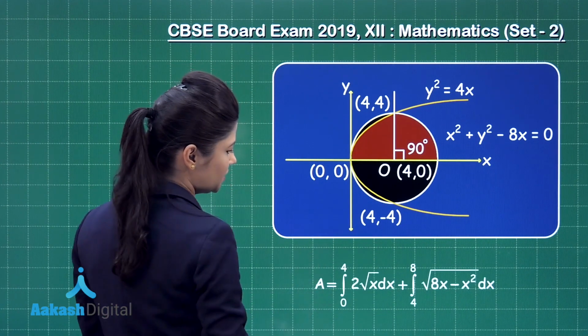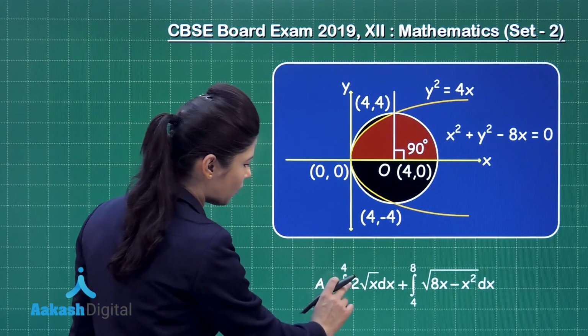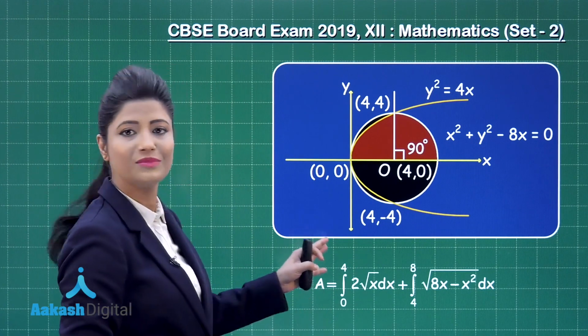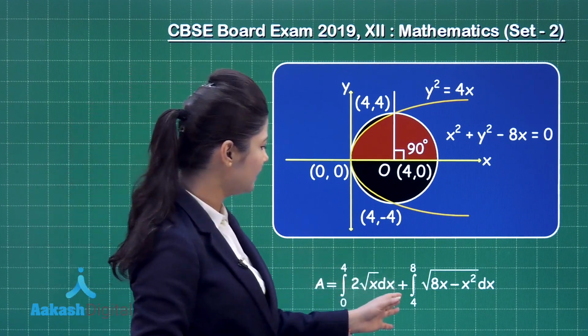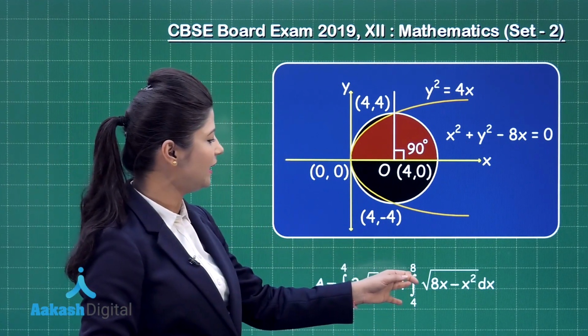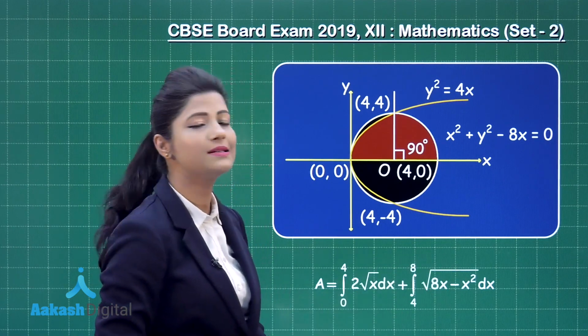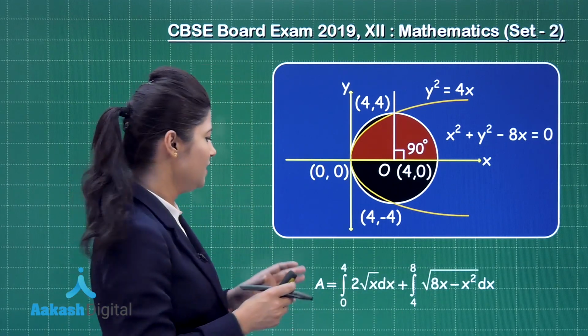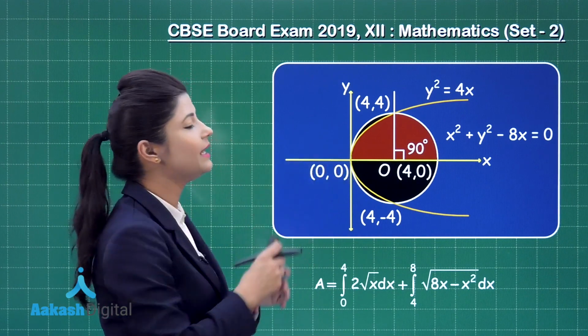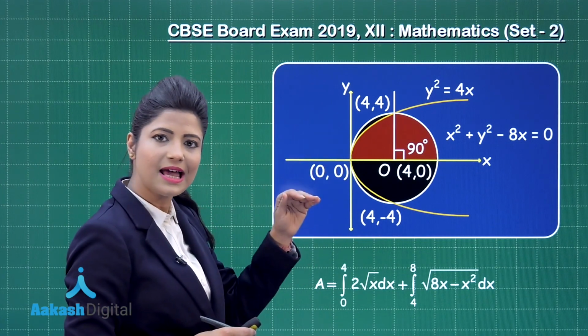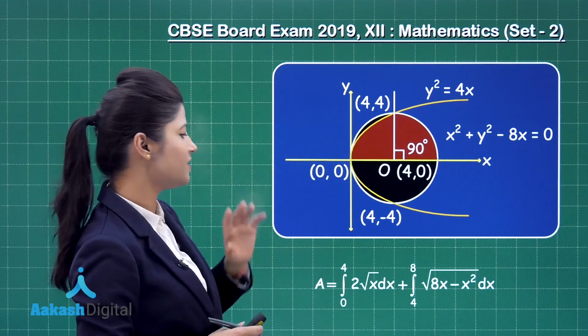So I can write over here that this is the integral of 2 root x, where the limits are from 0 to 4, plus the integral with limits from 4 to 8 of square root of 8x minus x square. This is the required area bounded by the three curves, that is the x-axis, the circle and the parabola.